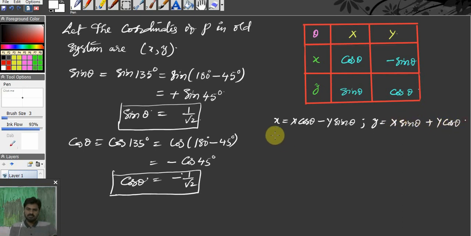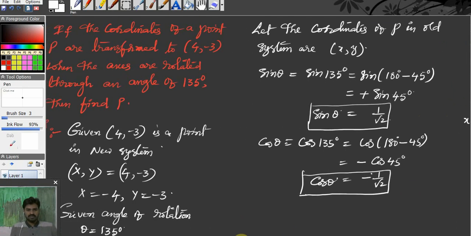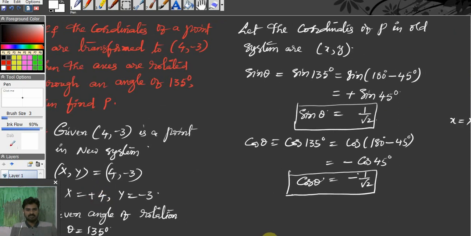Now substitute carefully. Capital X and capital Y values are there. Capital X answer is equal to how much? Look here, capital X minus 4. Capital X here plus 4, I have written wrong. So capital X plus 4, capital Y minus 3.